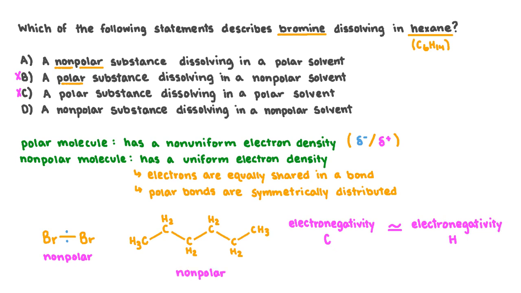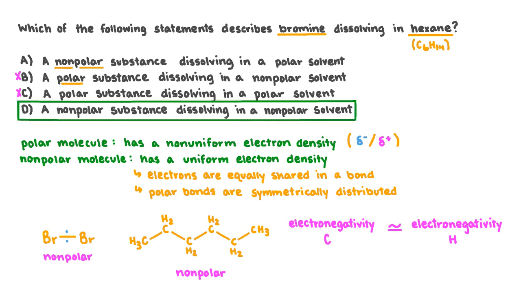As a molecule of hexane only contains nonpolar carbon-carbon and carbon-hydrogen bonds, hexane will be nonpolar. Therefore, the statement that describes bromine dissolving in hexane is answer choice D, a nonpolar substance dissolving in a nonpolar solvent.